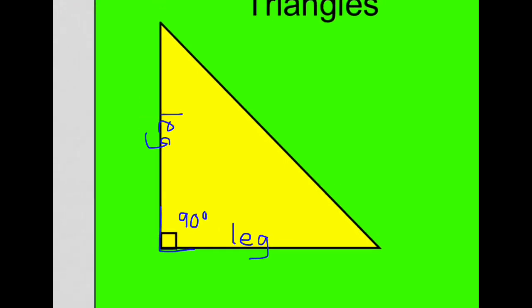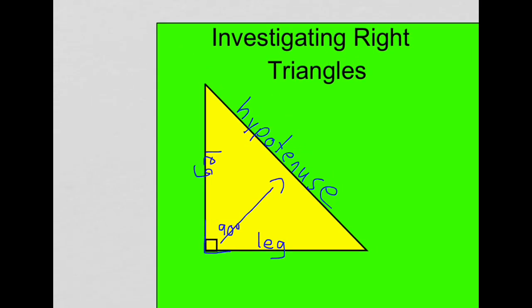The side opposite the right angle, so this side right here, is called the hypotenuse. And it is the longest side of the right triangle. So we've got a 90-degree angle. The sides beside the 90-degree angle are called the legs, and the side opposite the 90-degree angle is called the hypotenuse.